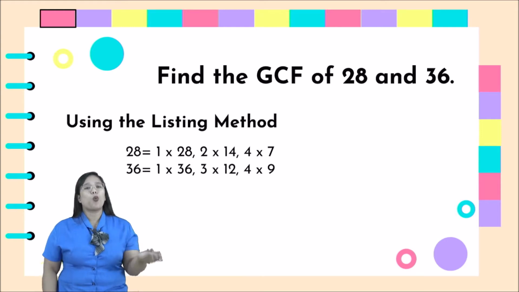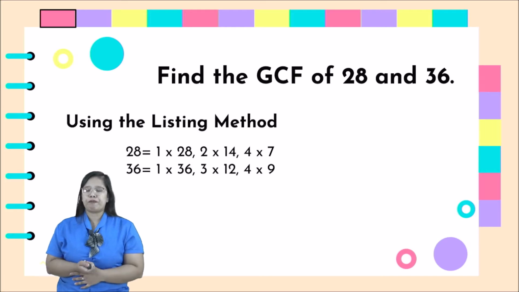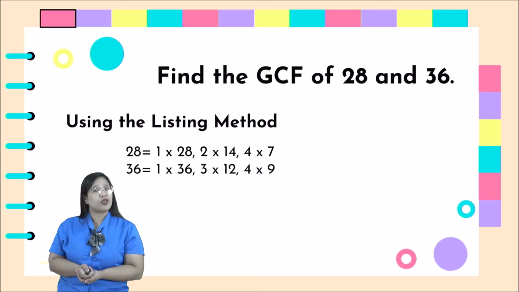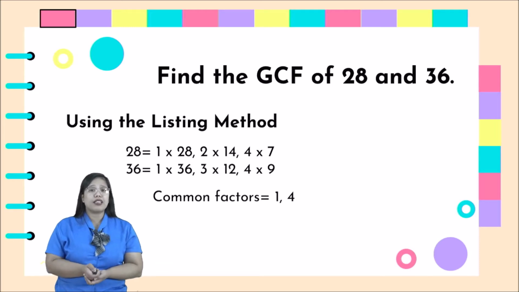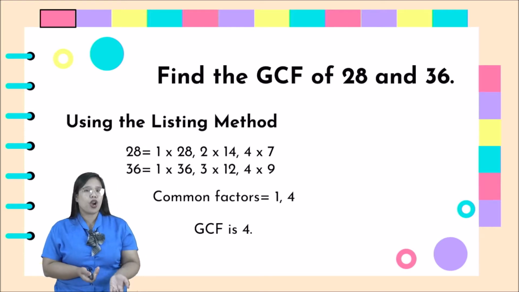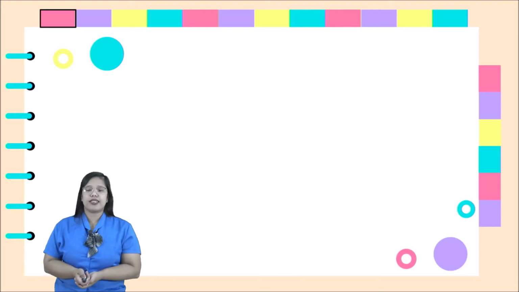We have 1 times 36, 3 times 12, 4 times 9. Take a look at all their factors. Their common factors are 1 and 4. Now, we can conclude that the GCF of 28 and 36 is 4, automatically 4, because 4 is greater than 1.